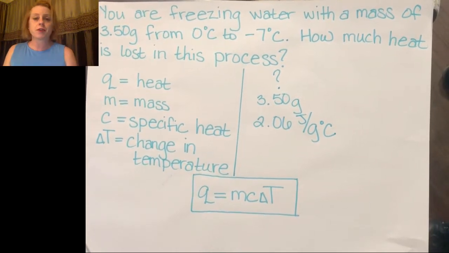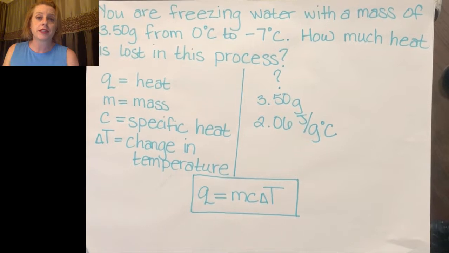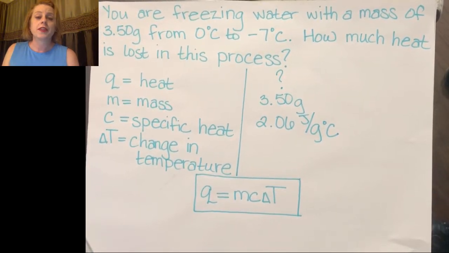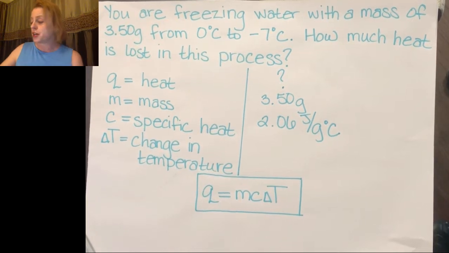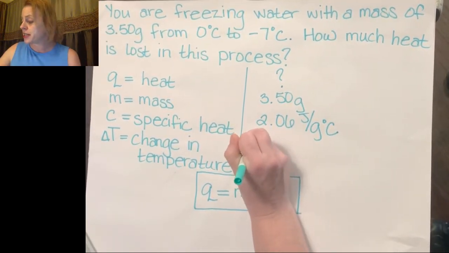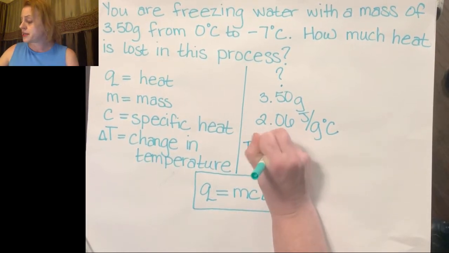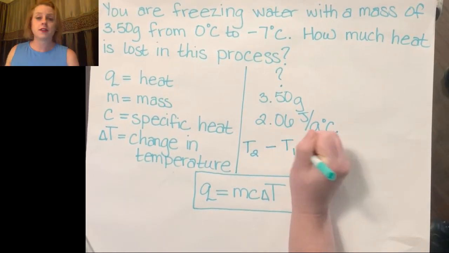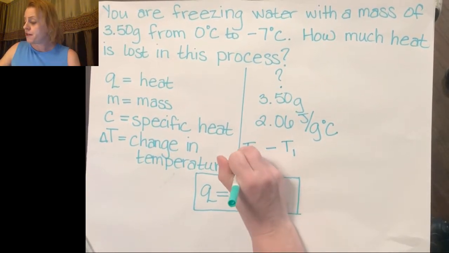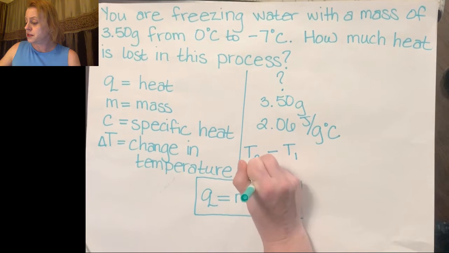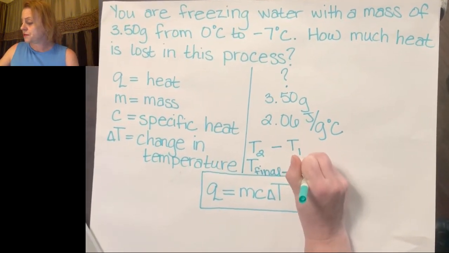And the change in temperature, I wasn't given an actual change in temperature, but I was given two different temperatures. So with the two different temperatures, I can calculate the change in temperature by subtracting T2, the second temperature, minus T1, the first temperature, or T final minus T initial.